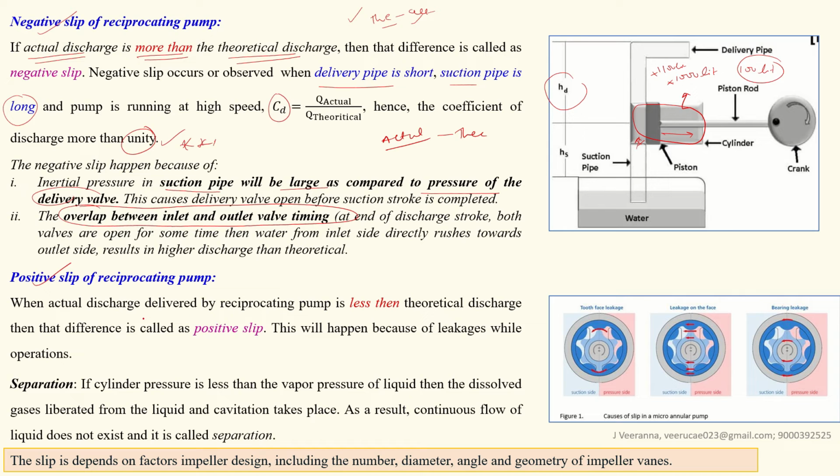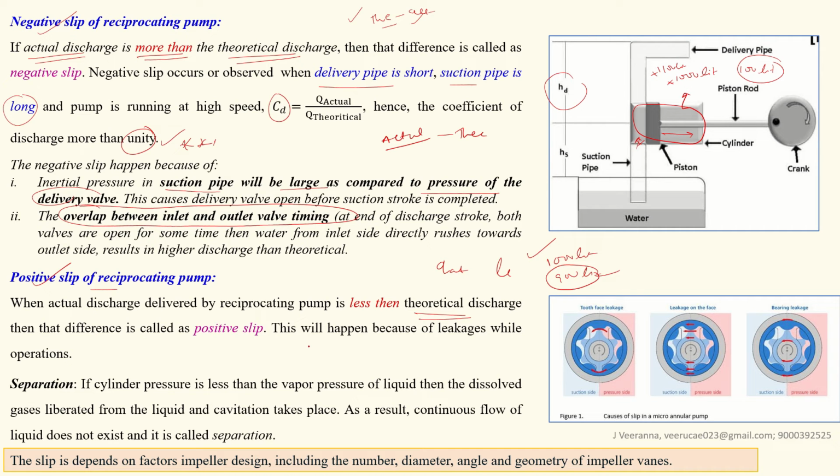Positive slip is when the actual discharge delivered by the reciprocating pump is lesser than the theoretical discharge. Suppose the theoretical is 1000 liters, but actually only 900 is delivered. So the theoretical discharge is always more and the actual discharge is lesser. This is called positive slip.